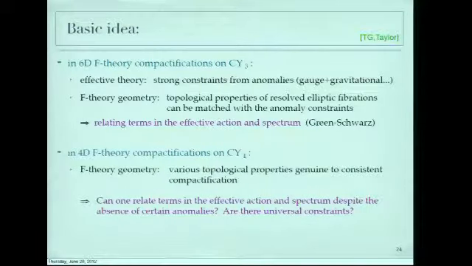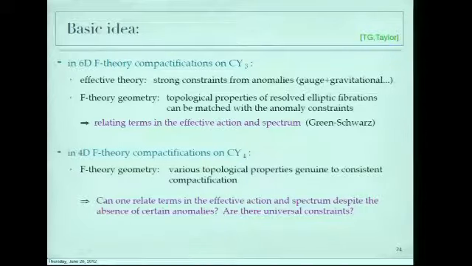For such an elliptic fibration, these constraints are just satisfied. If I give you an elliptic fibration, this will be an anomaly-free theory. So in other words, we can relate terms in the effective action and, for example, the spectrum, as we know from anomaly cancellation. And this is encoded in the singular elliptic fibration, or resolved elliptic fibration.